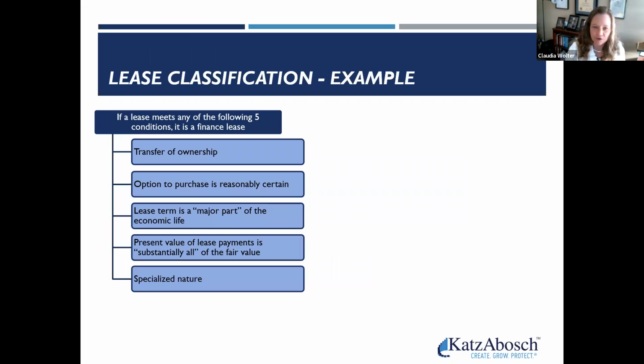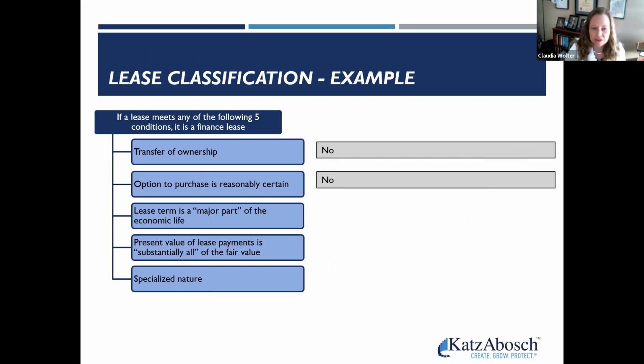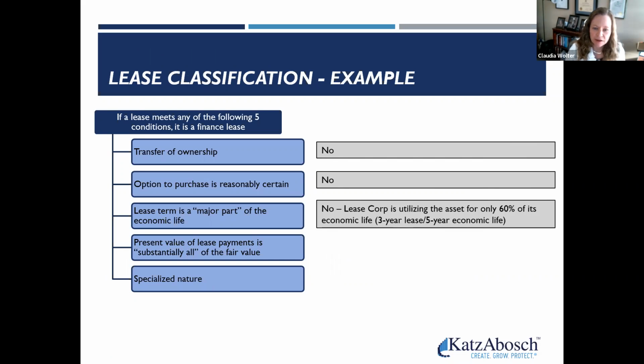So let's go through the criteria and see if this is a financing or an operating lease. Does ownership transfer? No, it does not. Is the option to purchase reasonably certain? No bargain purchase option or anything like that. Is the lease term a major part of the economic life? No, we're only utilizing it for 60% of its economic life: a 3-year lease, a 5-year economic life.